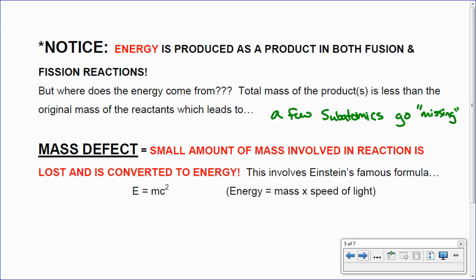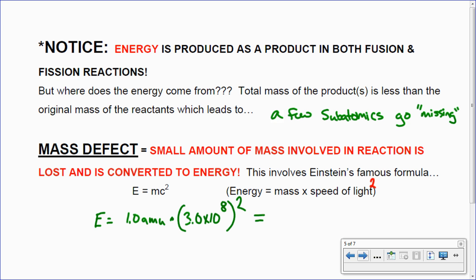So Einstein's famous formula says energy equals the mass times the speed of light squared. So even if you had 1 AMU, the energy is 1.0 AMU times 3.0 times 10 to the 8th, squared.